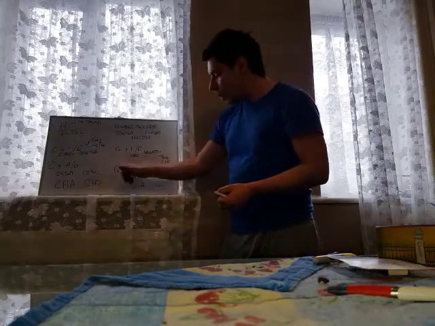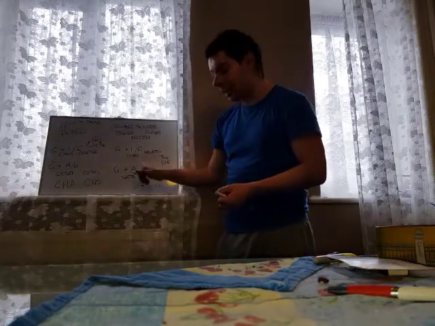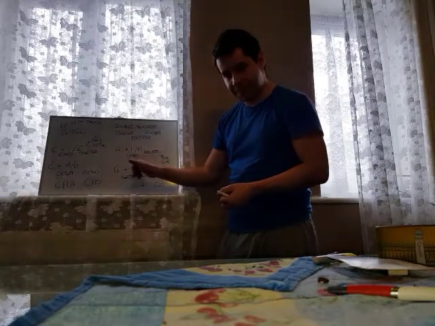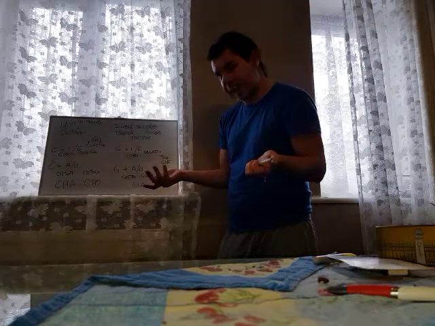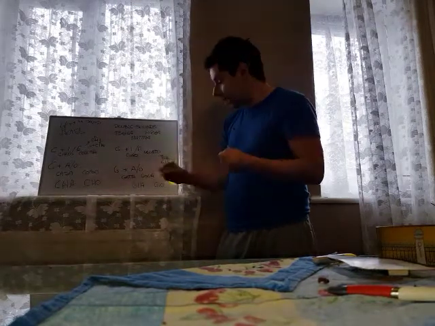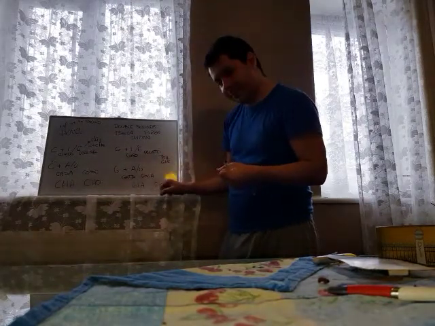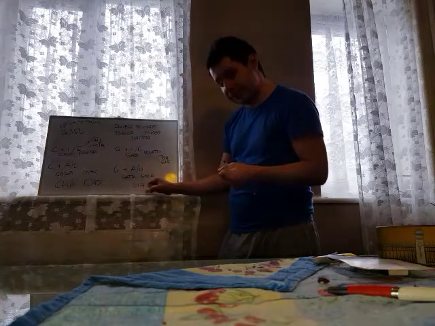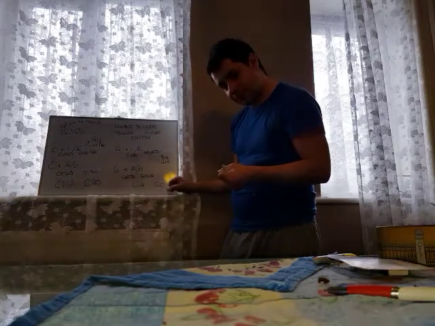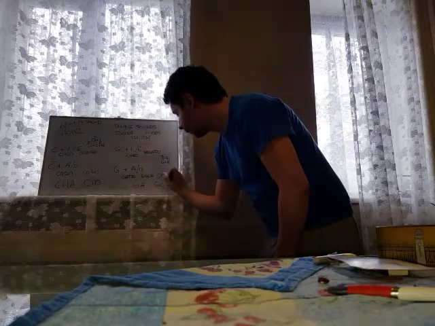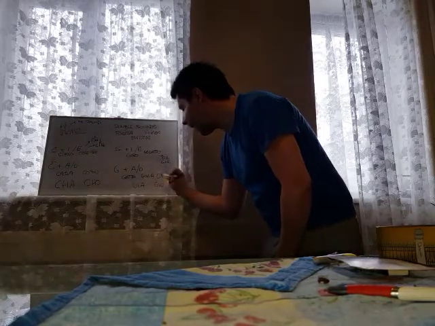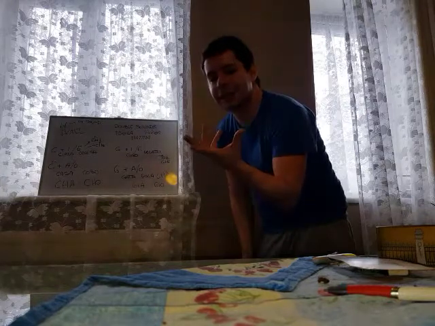This, if I want to make this sound softer, if I put H, it doesn't work. So to make it softer, I need I. So già, gio. Because if I would put that sound, I would pronounce it ga.